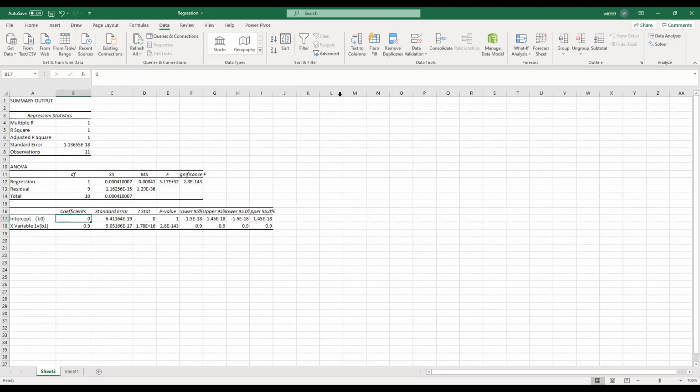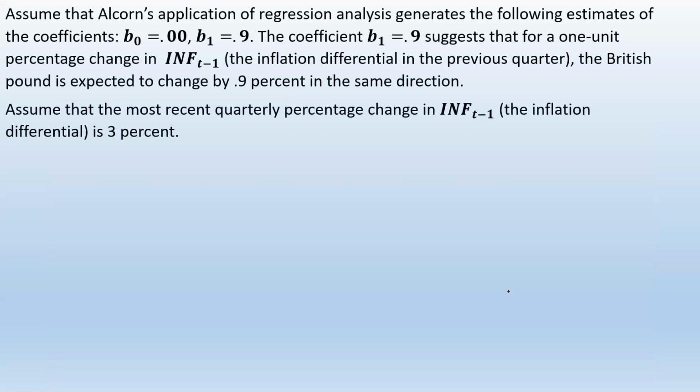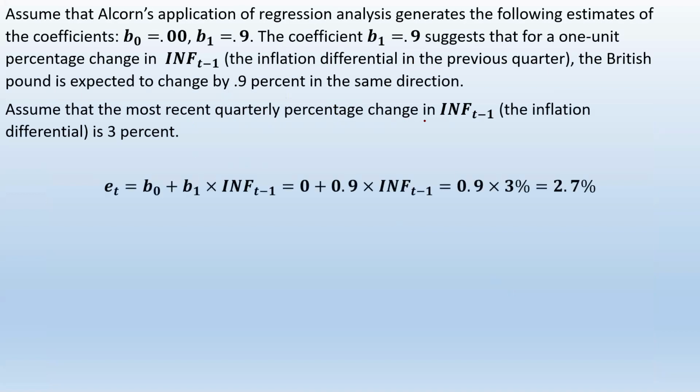Okay, let's switch back to our data. We found that B0 is 0 and B1 is 0.9. And then we know that the most recent quarter's inflation differential is 3%.